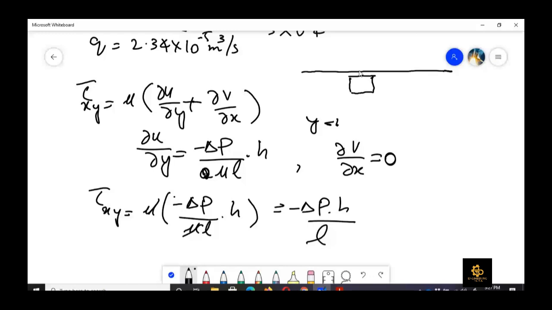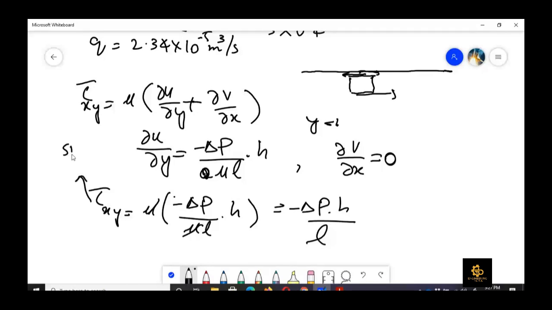Now the equal and opposite shear stress, because you can easily see that if this element is moving in this direction, it would experience some resistance in the negative x direction due to this flat plate. So on this surface, the tau yx would be negative, and an equal force would be applied by this element on the pipe surface.